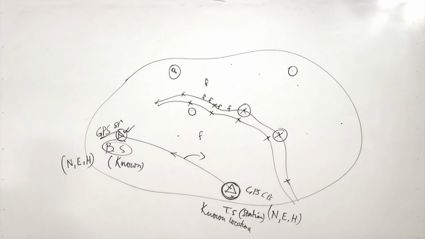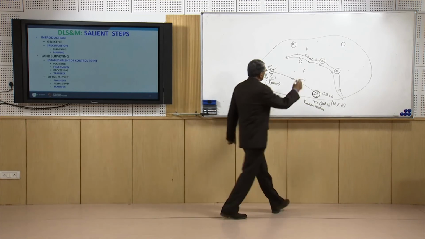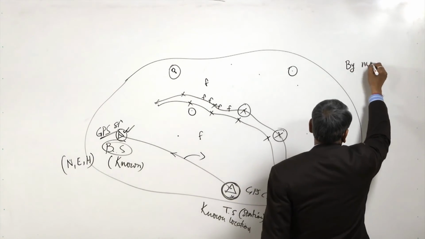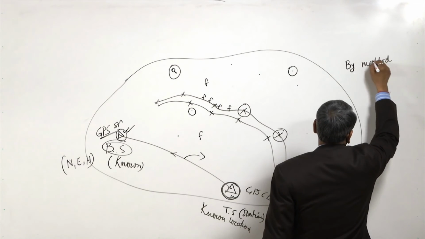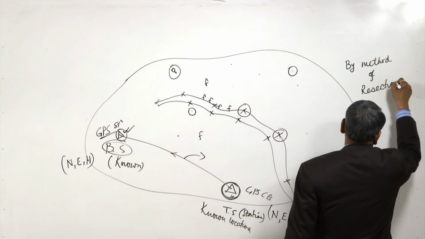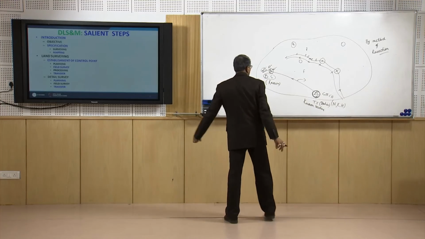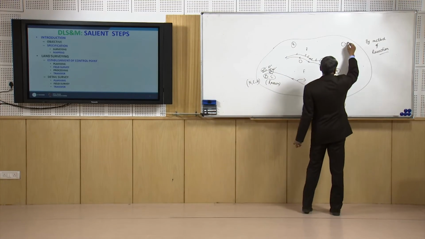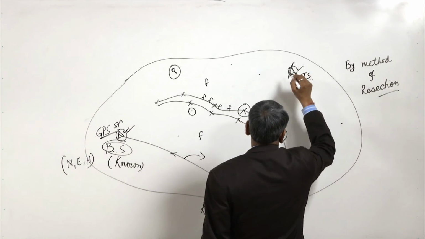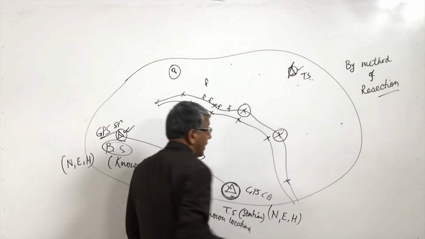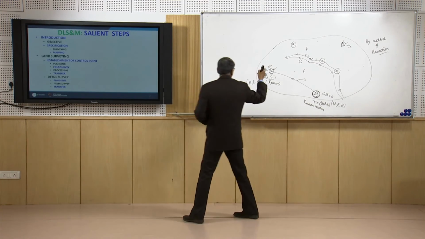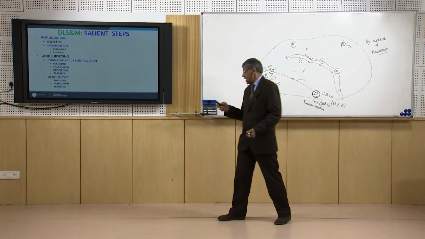So from the already known locations, by the method of resection, we will first find out the location of the total station. Then once the location of this station is known, we can find out the location of other things. So this thing we will discuss in another class afterwards.